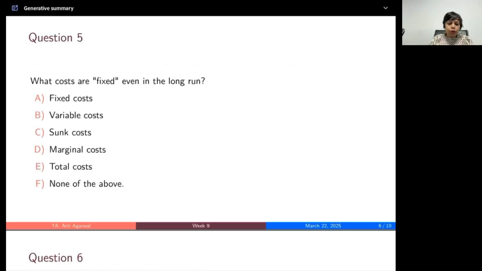Okay, let's come to question 5, which is actually also a conceptual question, not a calculation question. So which of these do you think is correct? Which costs are fixed even in the long run?